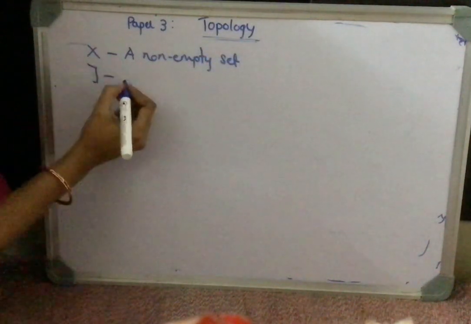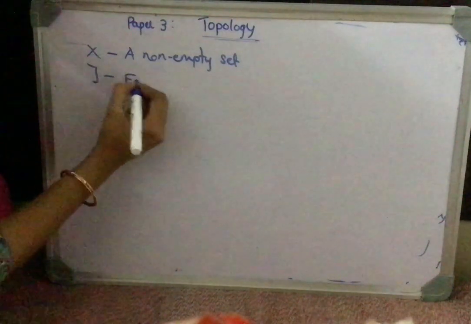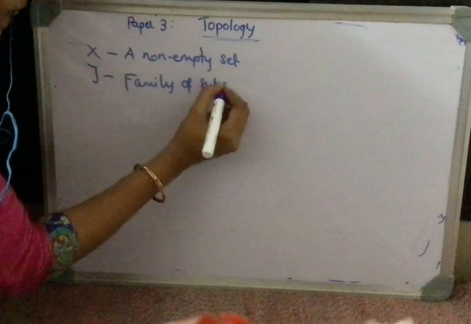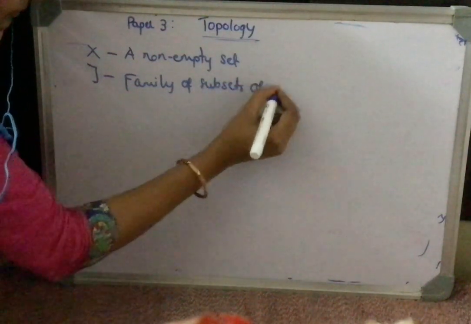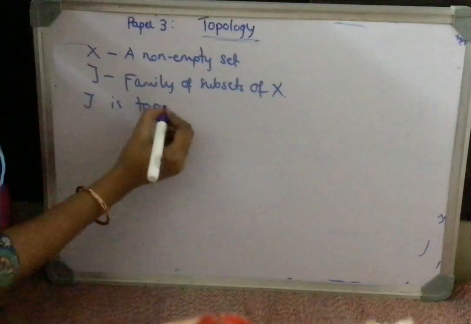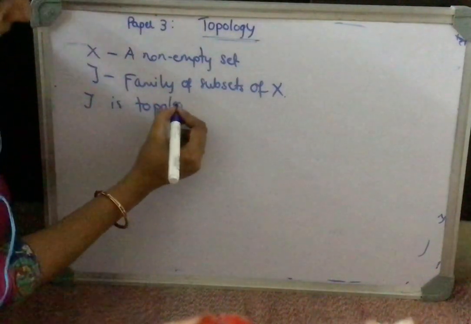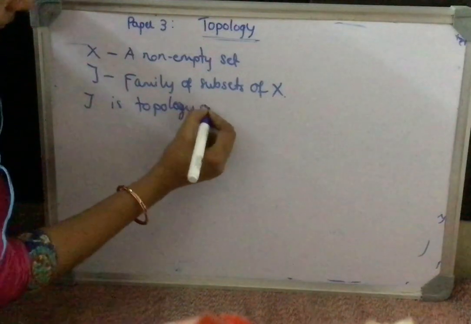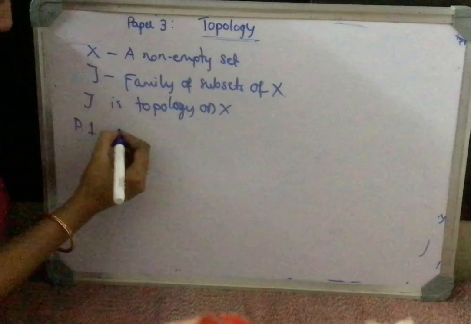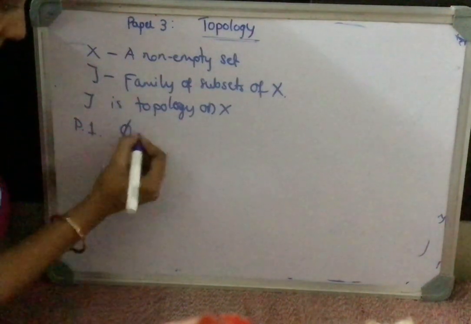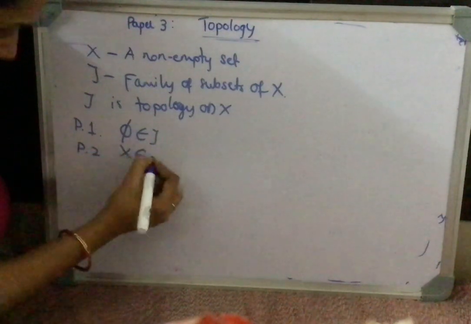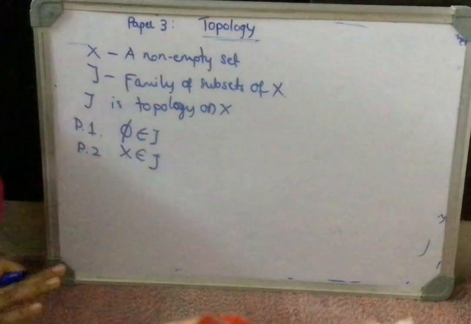Tau is a family of subsets of X. Then tau is said to be a topology on X if it satisfies the following conditions. First one is the empty set must belong to tau. Second one is the set X itself is in tau.